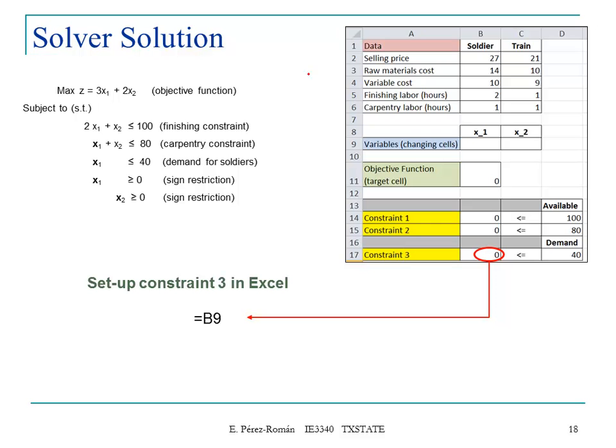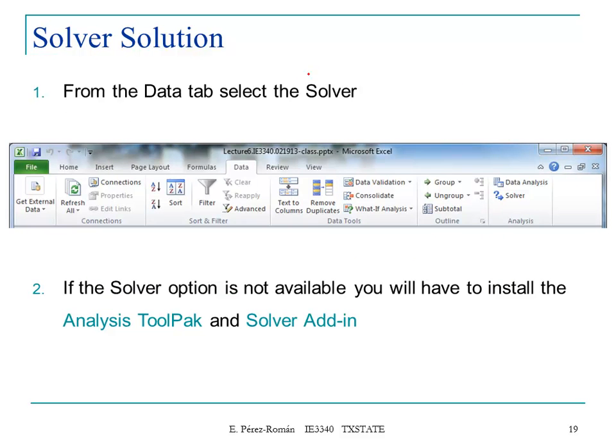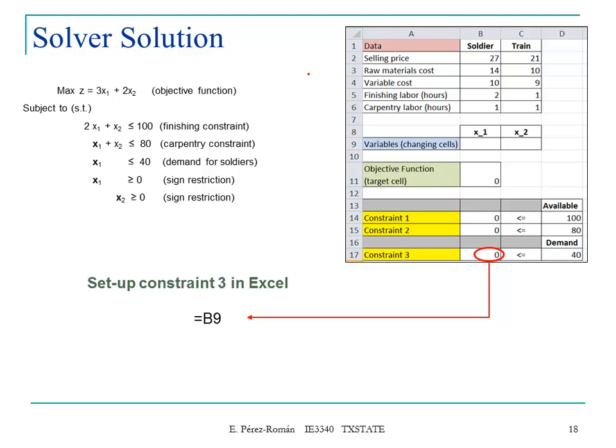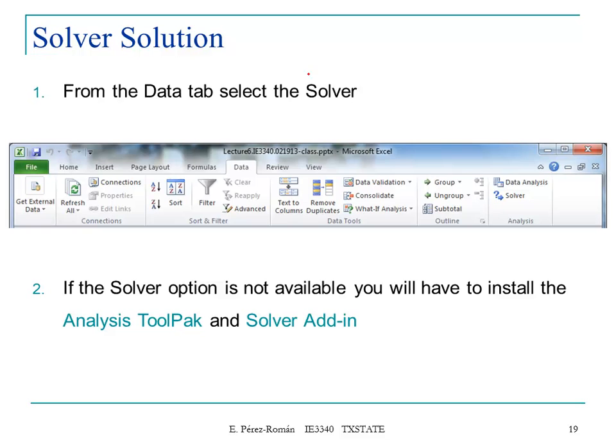Actually, you'll see that you also have to add the non-negativity constraint, so x1 and x2 need to be greater than or equal to 0. Okay, so this is the table you will need.